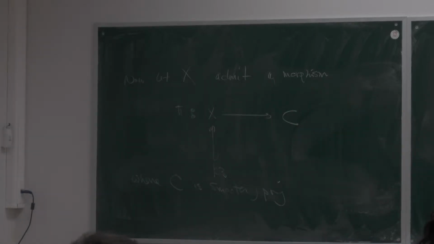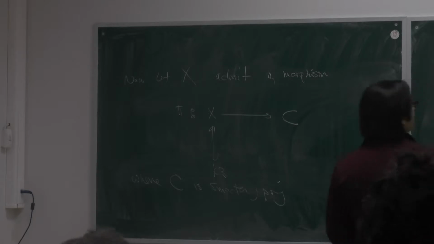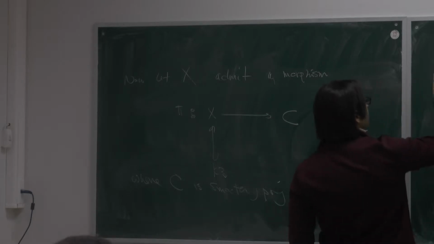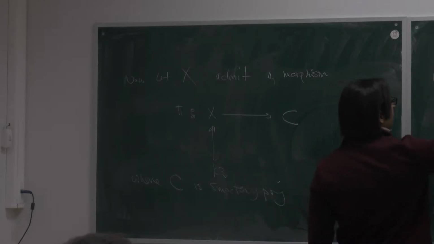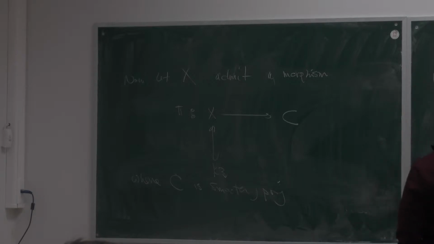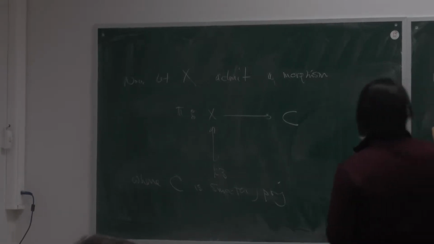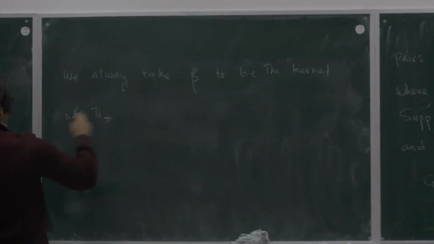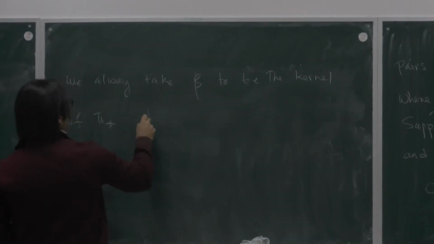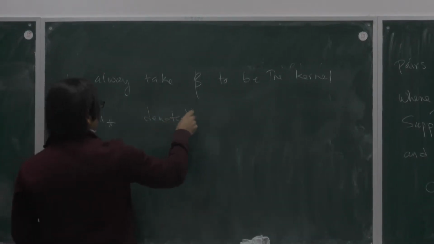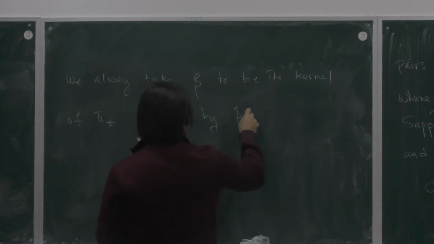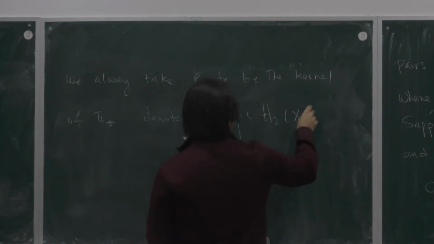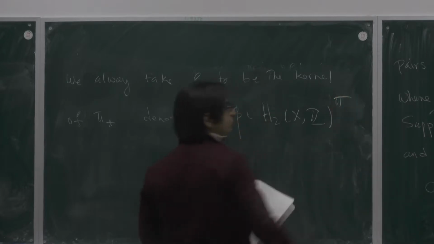Okay, now here we always take beta to be in the kernel of pi pushforward, denoted by vertical curve classes.